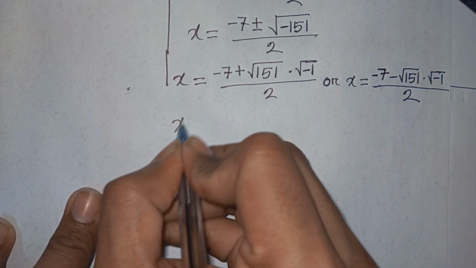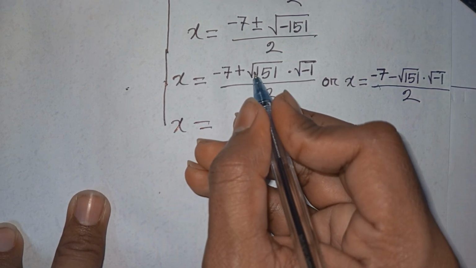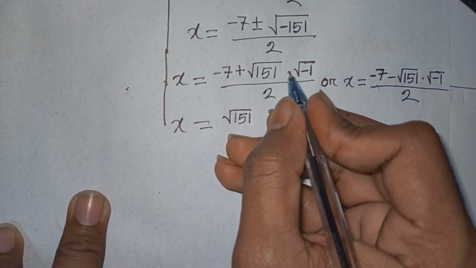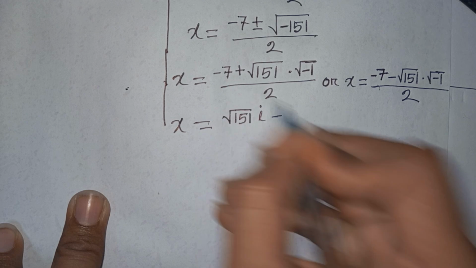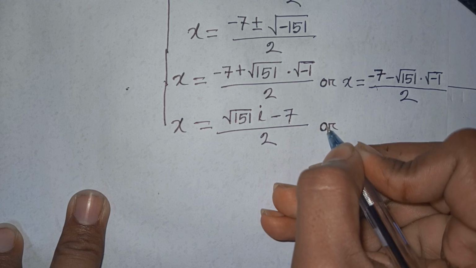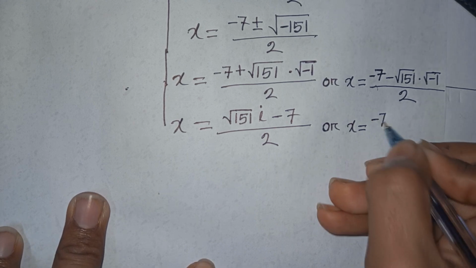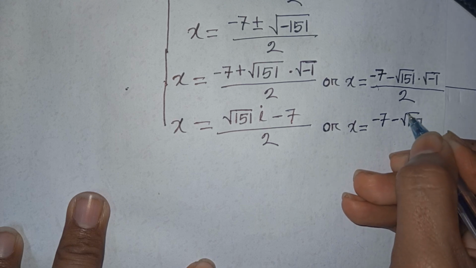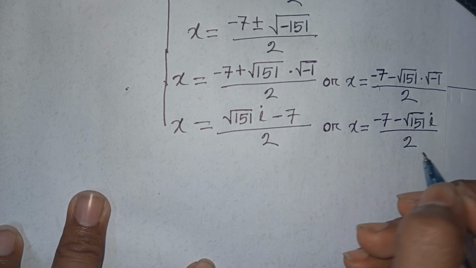Now x will be equal to here plus square root of 151 times square root of negative 1 is same as i, then minus 7 divided by 2, or x is equal to minus 7 minus square root of 151, and then square root of negative 1 is same as i, then divided by 2.